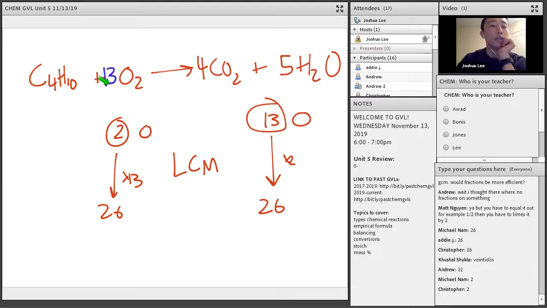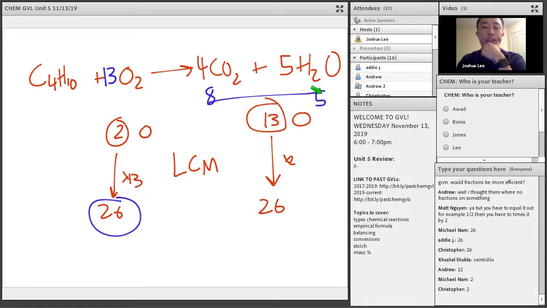So now I have 26 oxygens. I somehow have to get 26 oxygens on this side. Yeah, this part gets tricky. So you have to make 26. So you have 8 right here, 5 right here. That's 13. I have to get to 26.